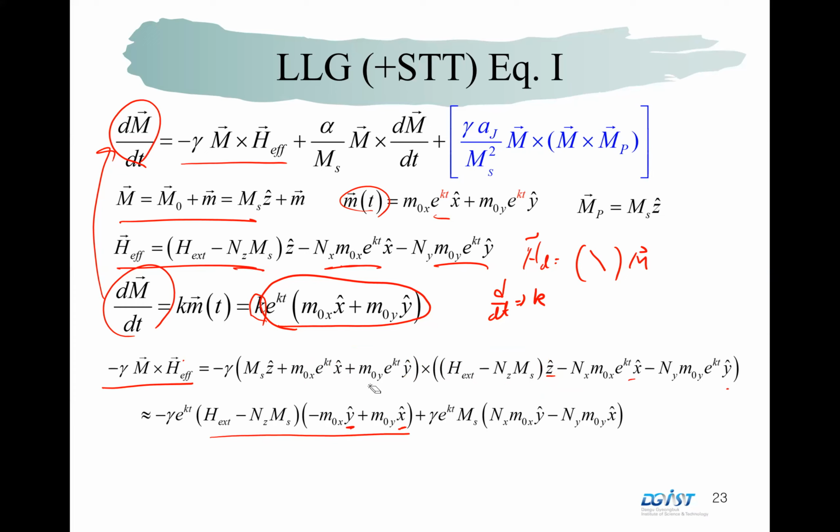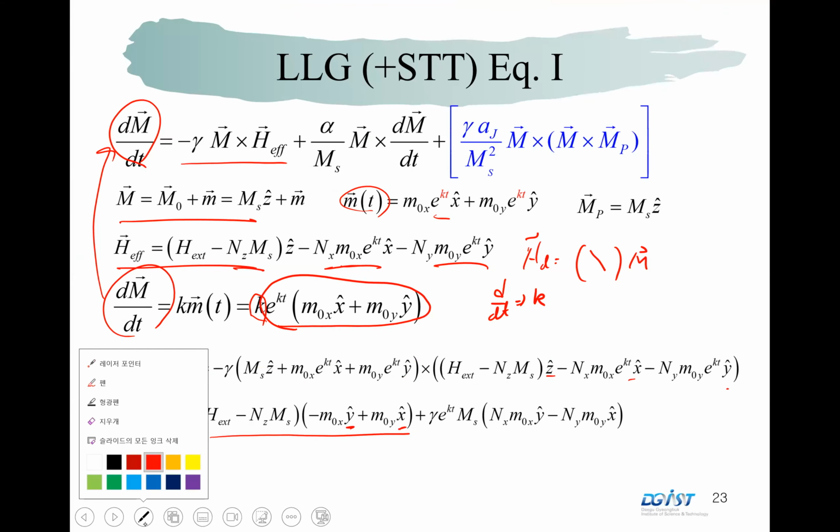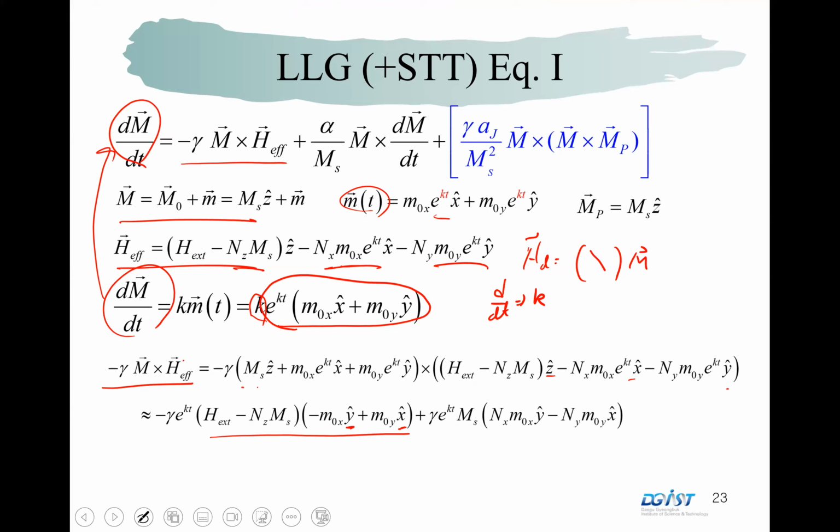Okay. And then multiplication with this g, we have this component. So we multiply g with x and y, we get y and z with the proper sign. And how about the multiplication of these two terms?